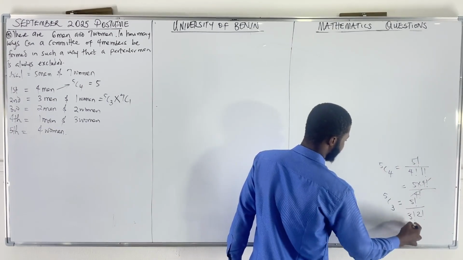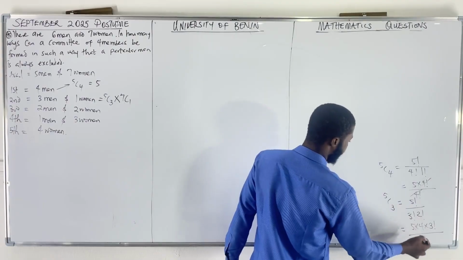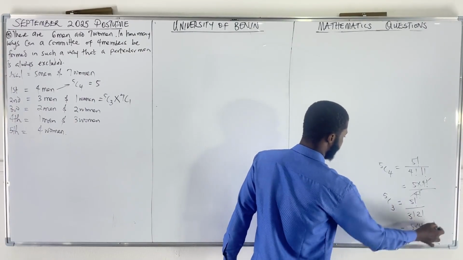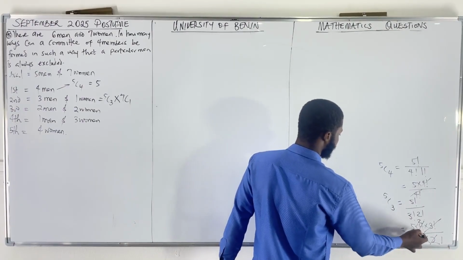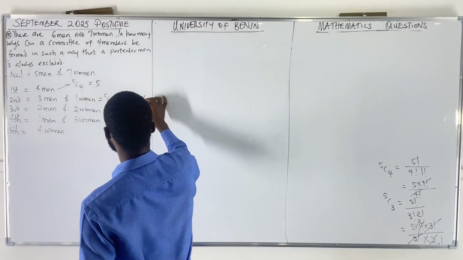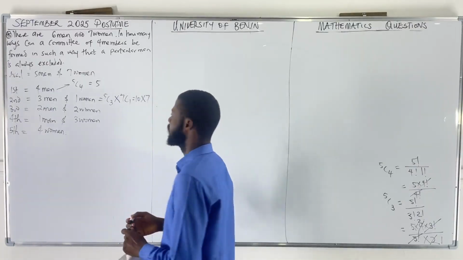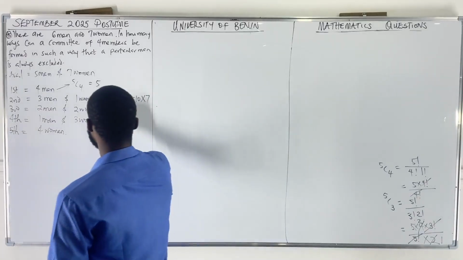Now 5 factorial is 5 times 4 times 3 factorial divided by 3 factorial times 2 factorial, which is just 2. So this will cancel this out. 2 here is 1, 2 into 4 is 2. So 5 times 2 is 10. So this will be 10 times 7 combination 1, which is just 7, following the same formula.